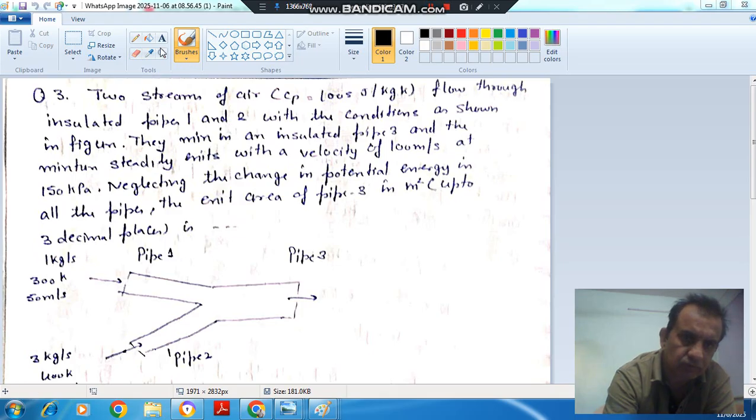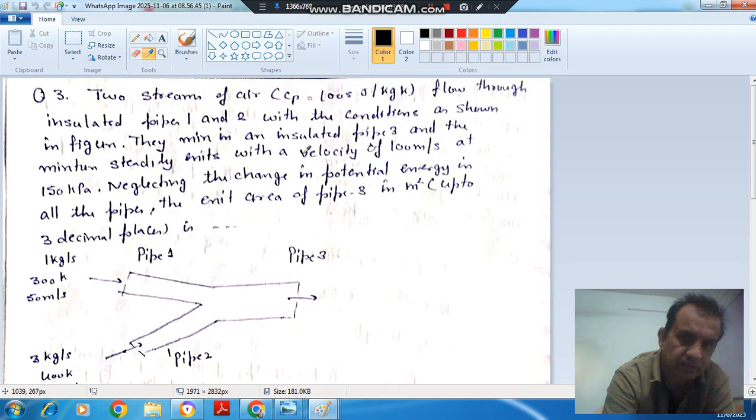Next question is question number 3. Two streams of air, Cp is equal to 1005 joule per kilogram per degree Kelvin, flow through insulated pipes 1 and 2 with conditions as shown in the figure.